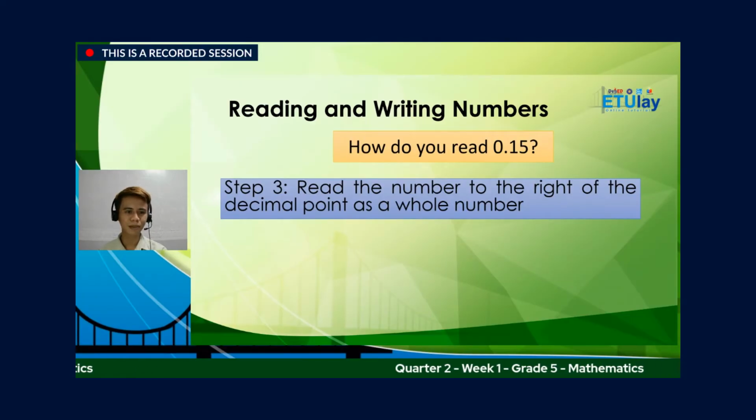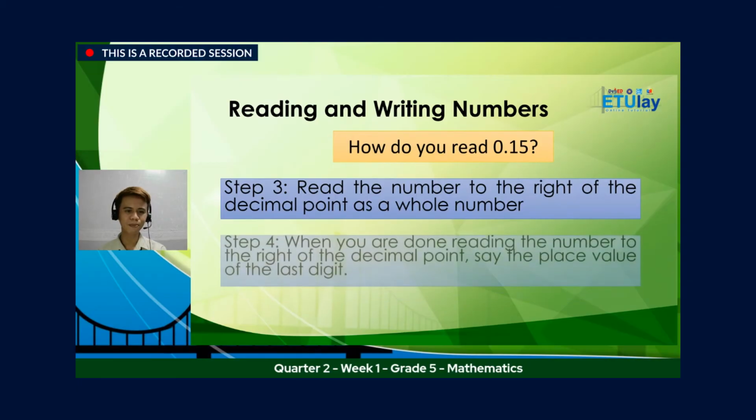At ang step number 3 natin ay read the number to the right of the decimal point as a whole number. So sabi dito, read the number to the right at ang numbers or ang mga digits na nasa right ng ating decimal point ay 1 and 5. At kapag binasa natin ito as a whole number, it is 15. Very good. Step number 4.